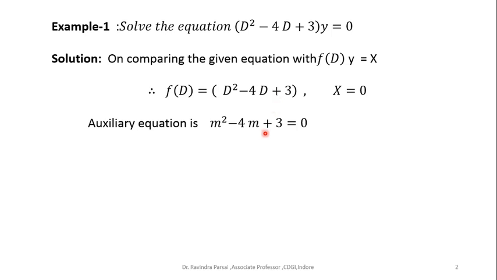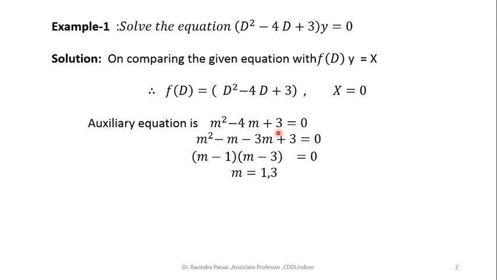Then for finding the complementary function, you will write the auxiliary equation. For writing the auxiliary equation, put D = m in f(D) and equate to 0, that is m² - 4m + 3 = 0.